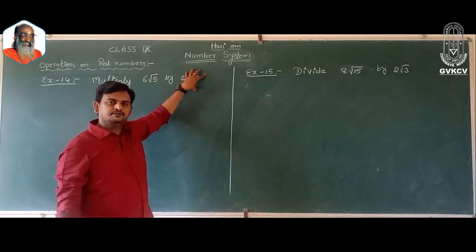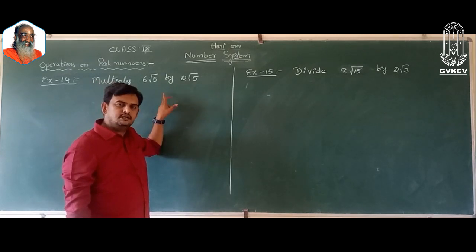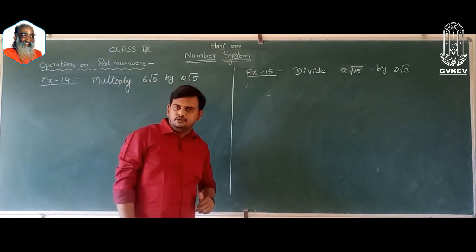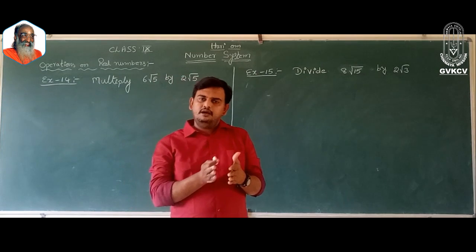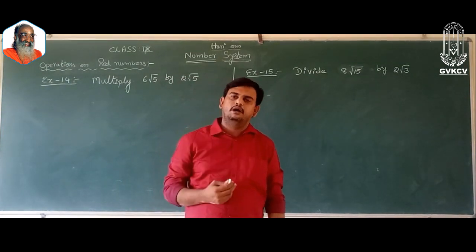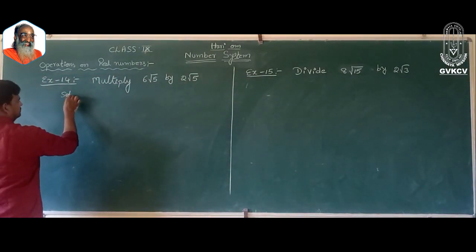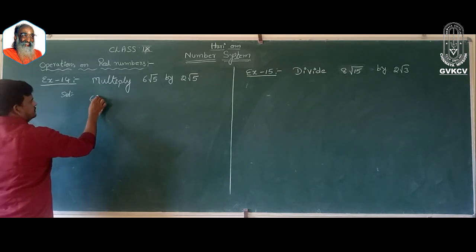Moreover, you can observe that 6 root 5 and 2 root 5 are like surds. So here we are multiplying like surds. When we multiply like surds, what do we get?